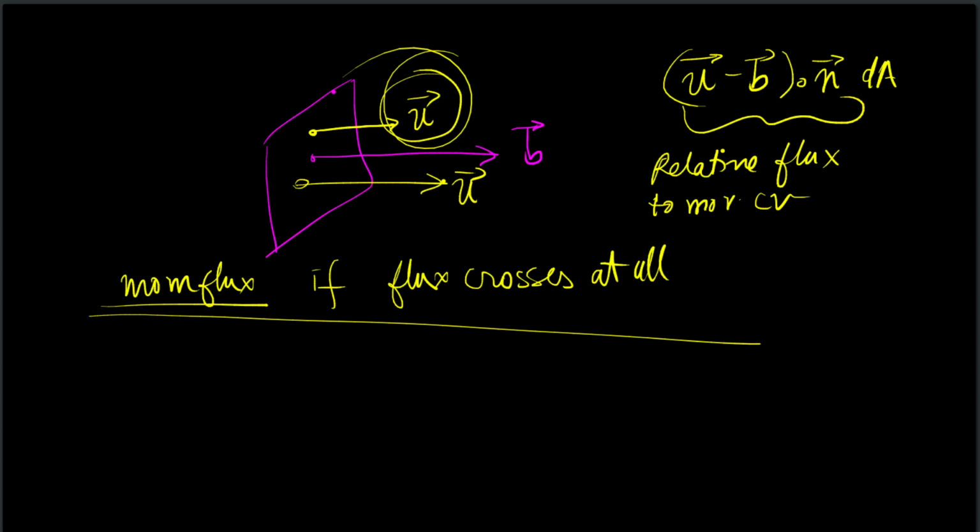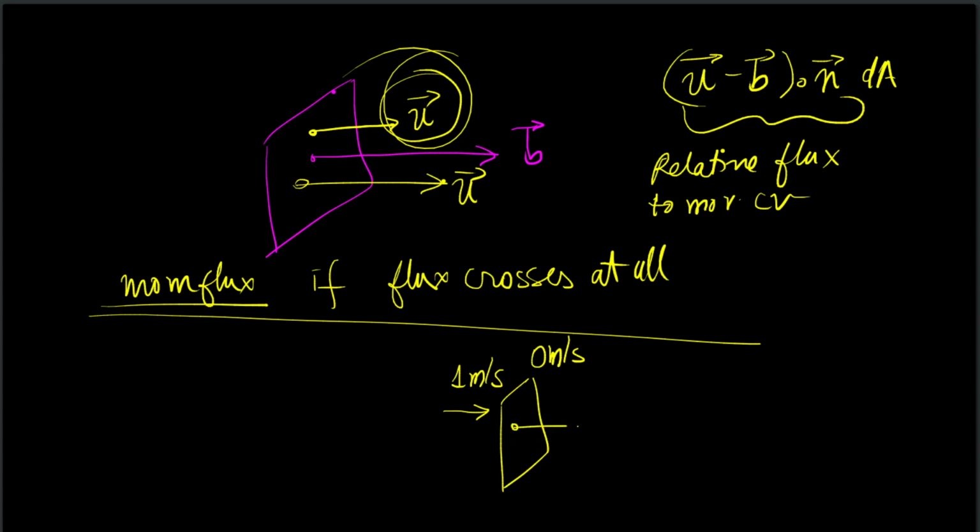The last part, can you repeat, momentum flux exist? Okay. You told the momentum flux will only exist if flux across the surface exists. I didn't understand the statement. So suppose you have a fluid which is moving with 1 meter per second, and you have an area which is stationary, 0 meter per second.